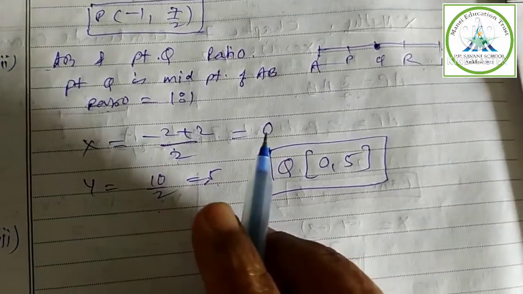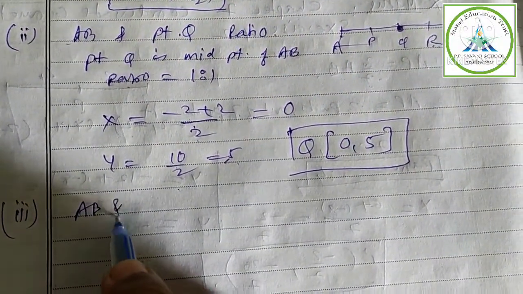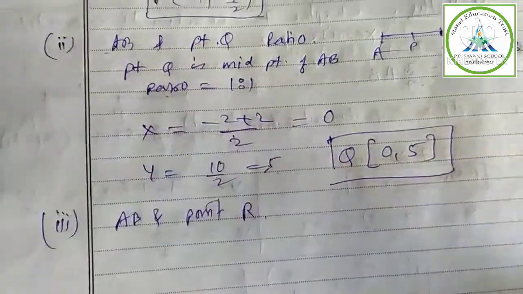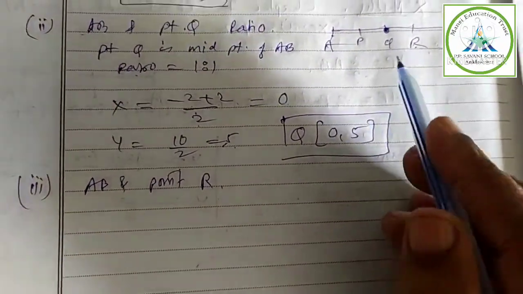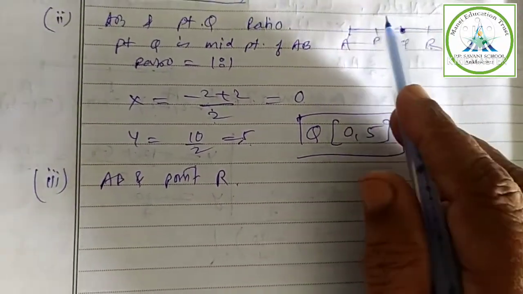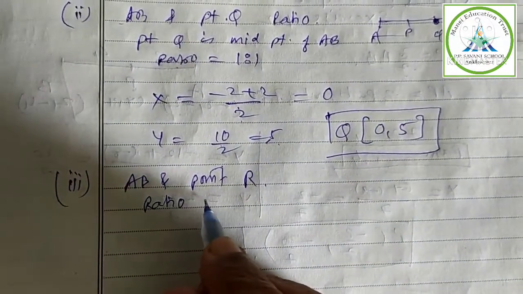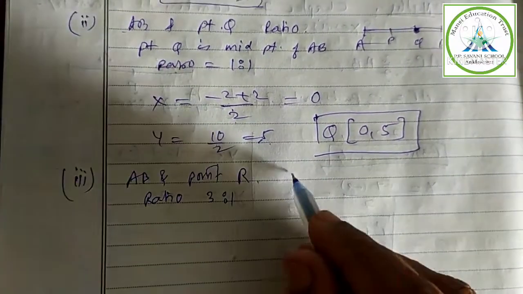Now we will take point R on AB. Students, here it depends upon you. If we take AB and point R, R divides AB in the ratio 3:1, so write the ratio directly as 3:1.